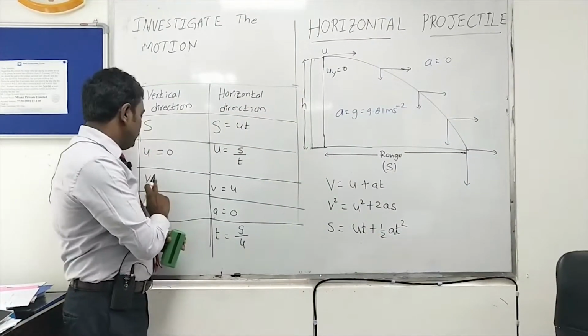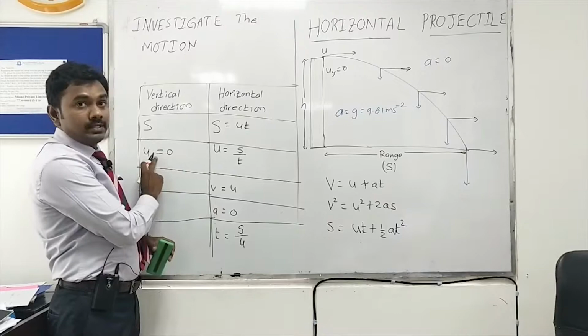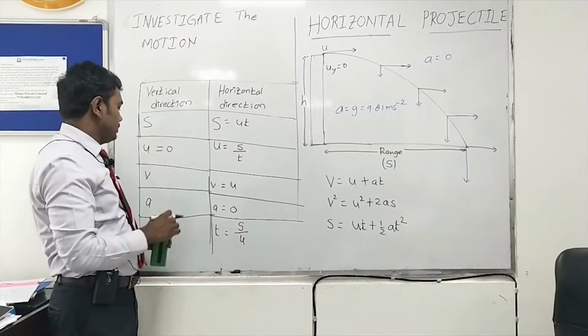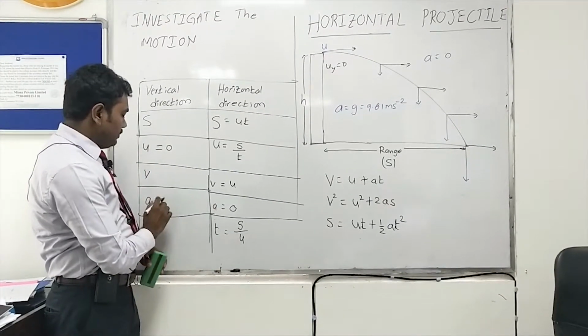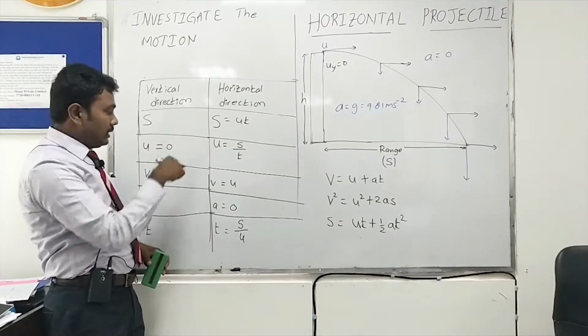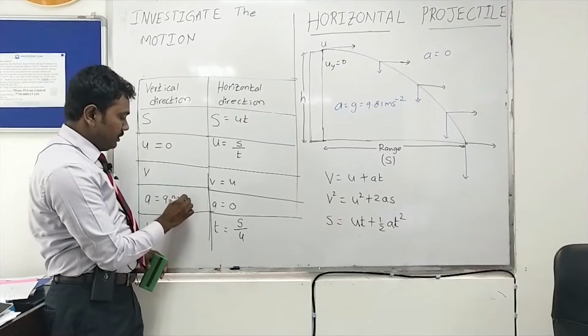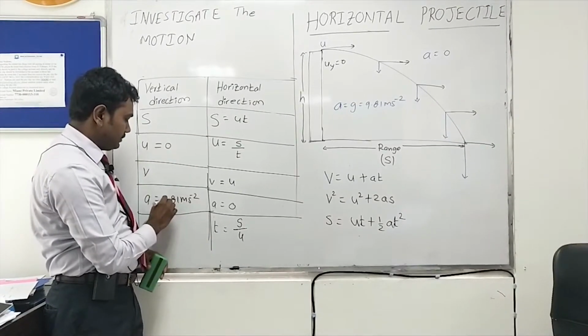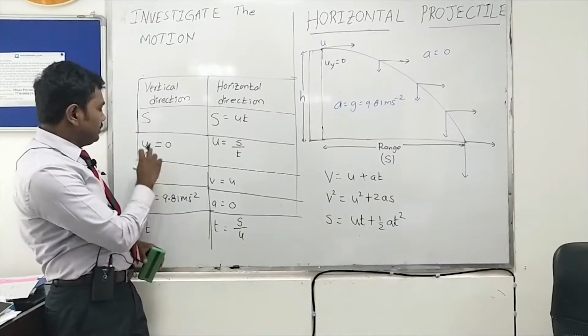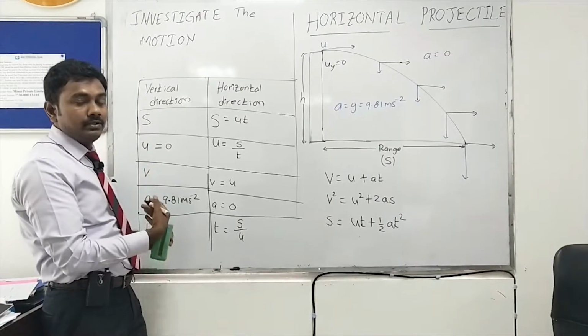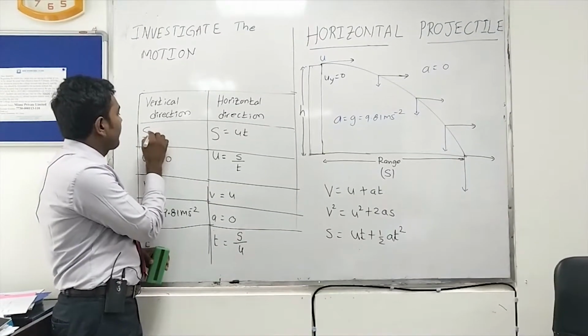Now, the acceleration in the vertical direction will be plus 9.81 meters per second squared. Right. By using this information, we can deduce the other equations.